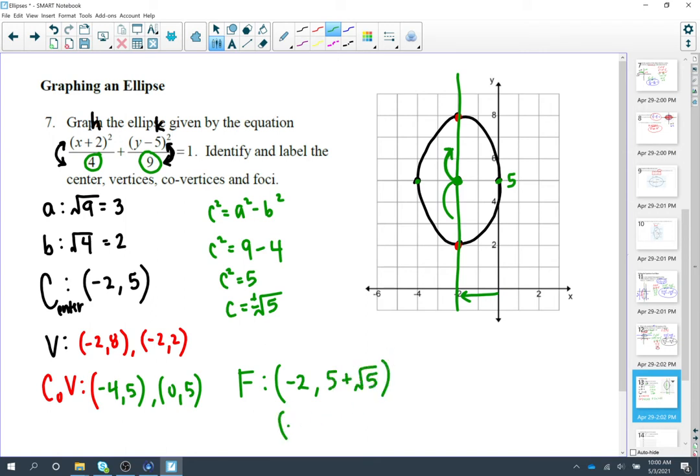Your second focus is at -2 because you're still back here at -2, but you're at 5, and now we're going to go down √5. And that's how you find your foci.